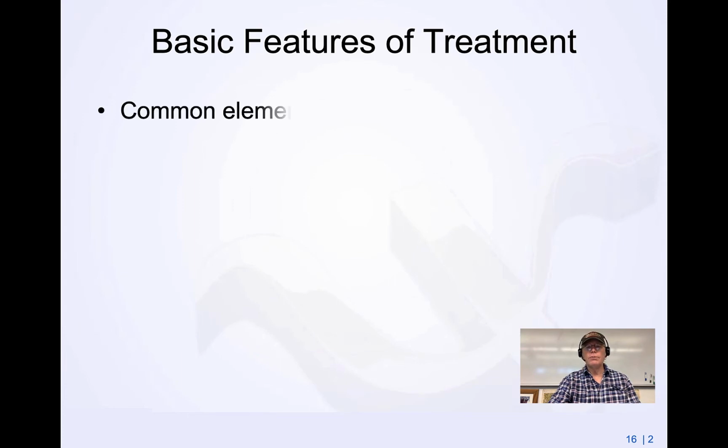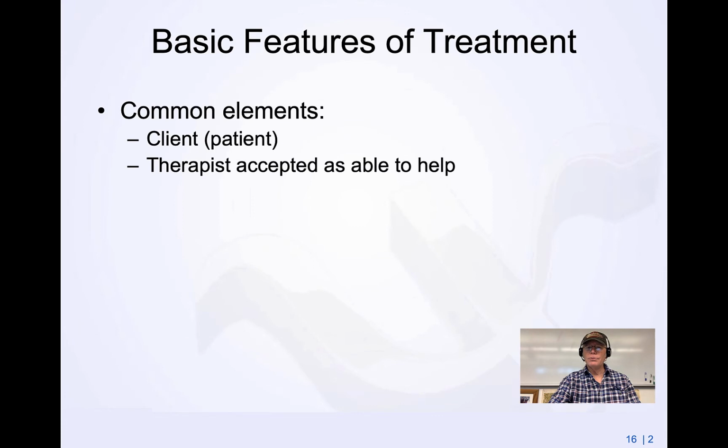Obviously there are some pretty simple ones. There's a client, a patient, and a therapist, right? Without those two things, you probably don't have much of a treatment program. The client-therapist relationship is, I won't call it unique, but it is professional. There are general guidelines, I won't call them strict, that maintain rules in the relationship between the client and the therapist.